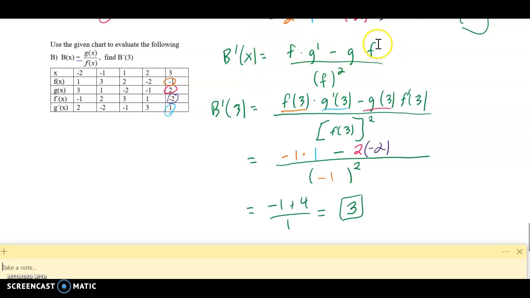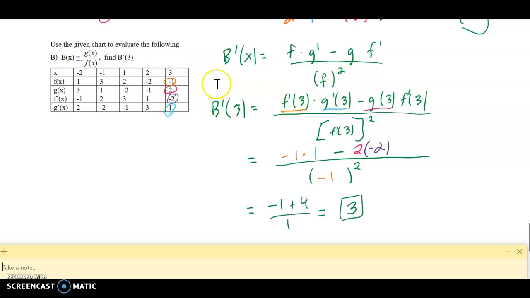Oh, there should be a prime sign right there. Can I put it there? Okay, cool. All right, so now that I've got that prime sign there, it's correct. So it is low d high, g prime, minus high d low, f prime, over low low, so f squared.